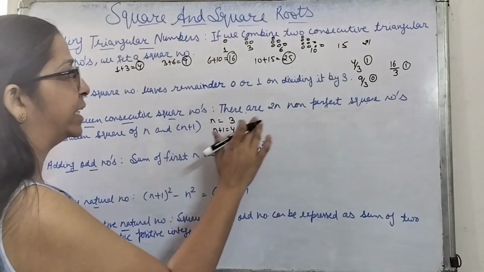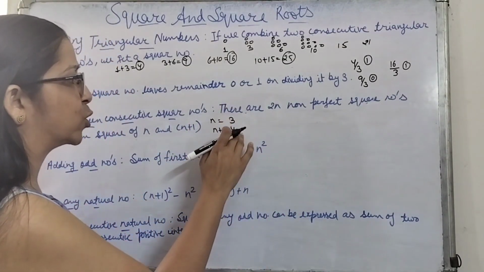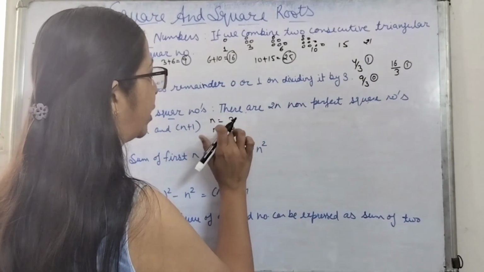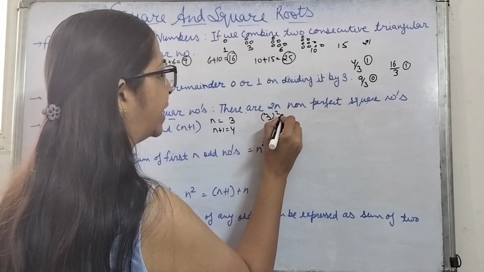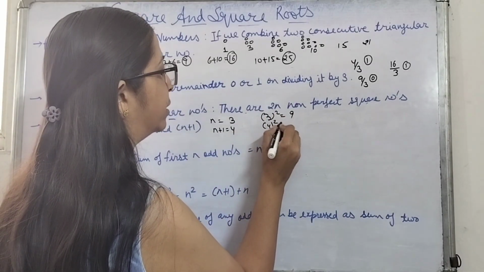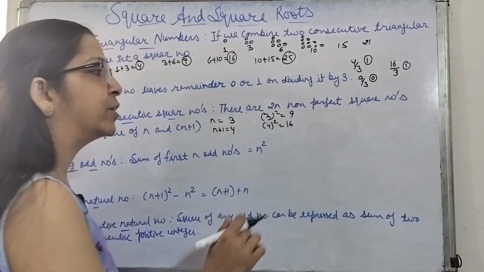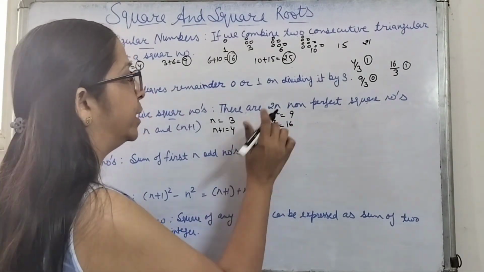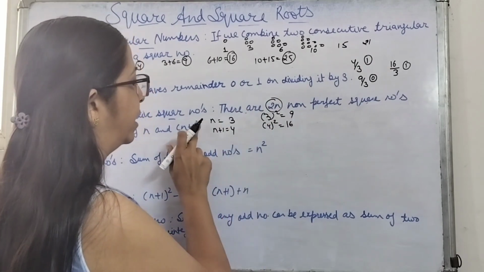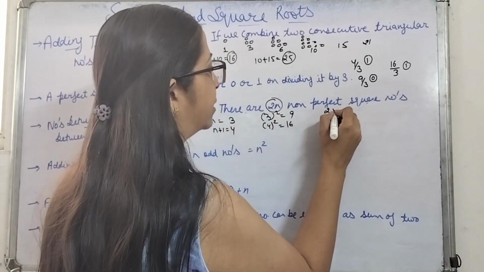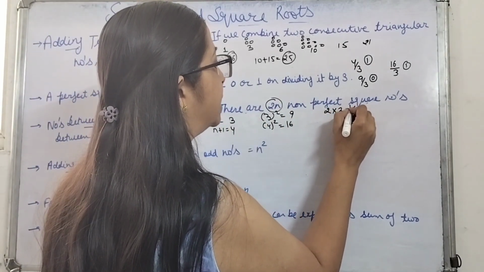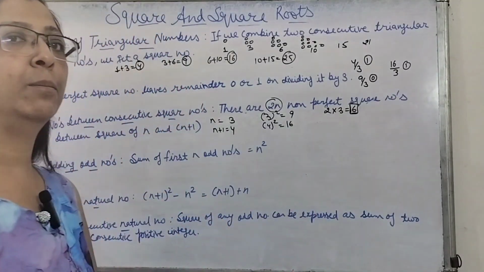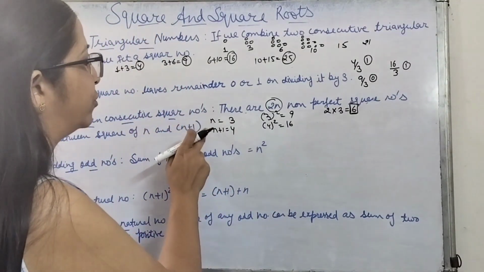If we find the non-perfect square numbers between the squares of these two numbers, the square of 3 is 9 and the square of 4 is 16. So how many non-perfect square numbers are there between the squares of 3 and 4? It will be 2n. n is 3, so this will be 2 multiplied by 3, that is 6 non-perfect square numbers.